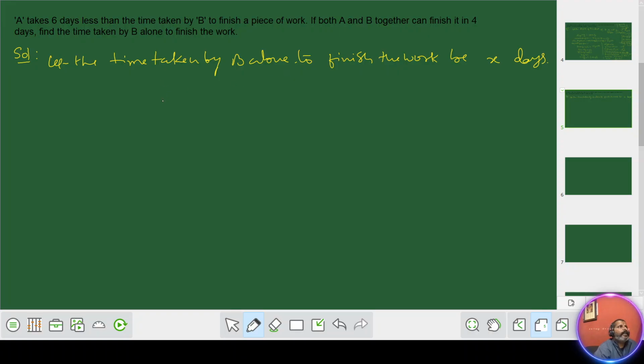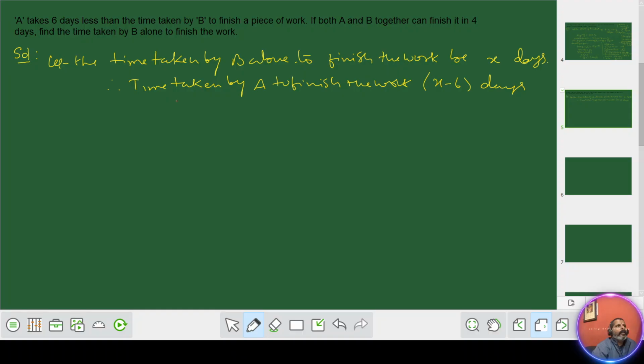They have given that A takes 6 days less than the time taken by B. Therefore, we get the other part: the time taken by A to finish the work will be 6 days less, so x minus 6 days.